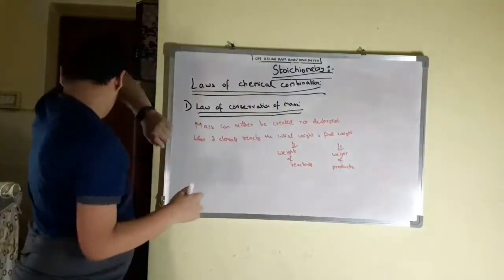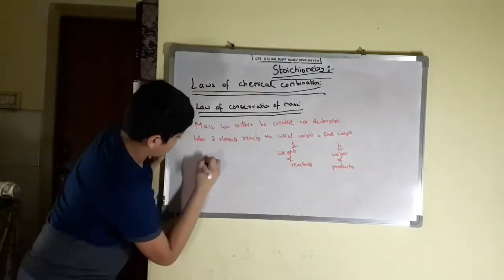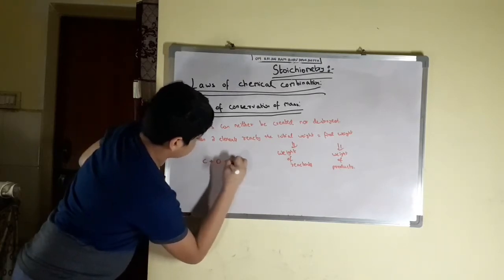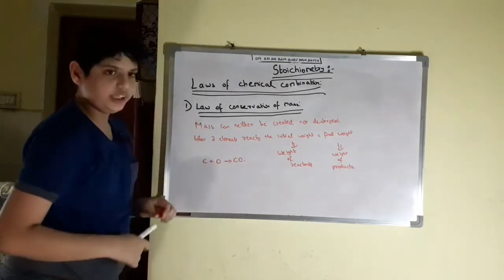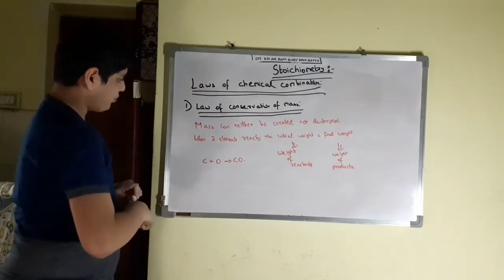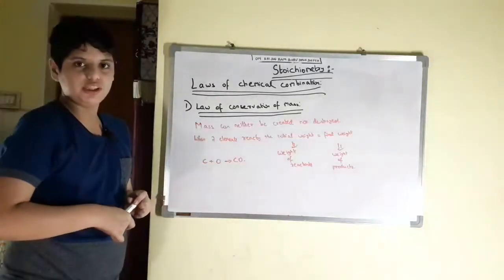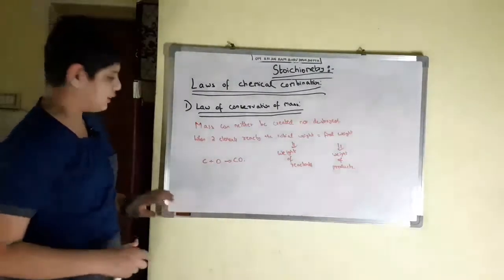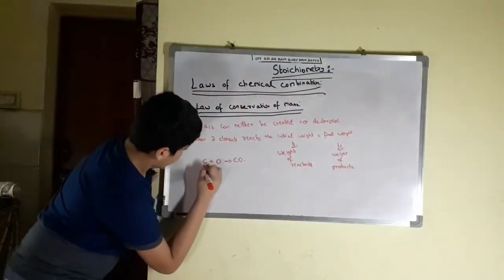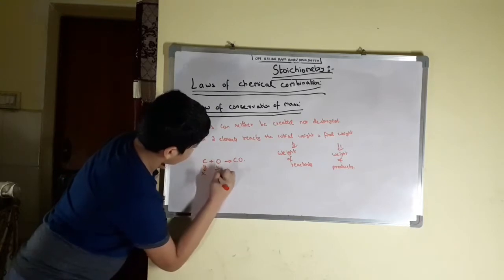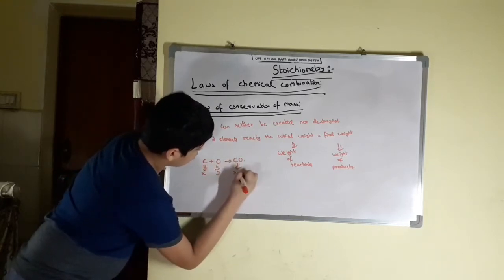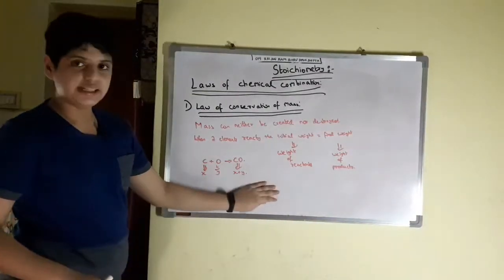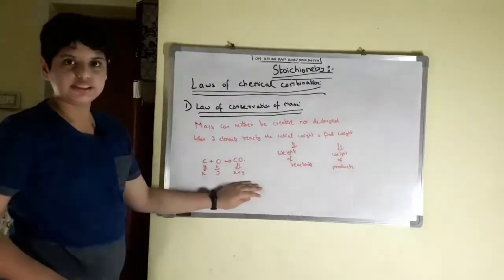Like, let's say C plus O gives rise to CO, carbon monoxide. I am not writing the balanced equation here for everything. You need to balance it later. We are just telling the examples. So here let the weight be X, Y, then the total weight formed should be X plus Y. Here new mass is neither created nor destroyed.